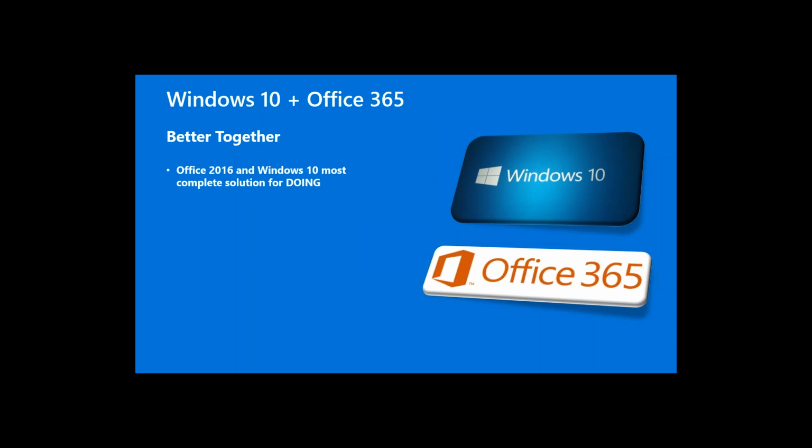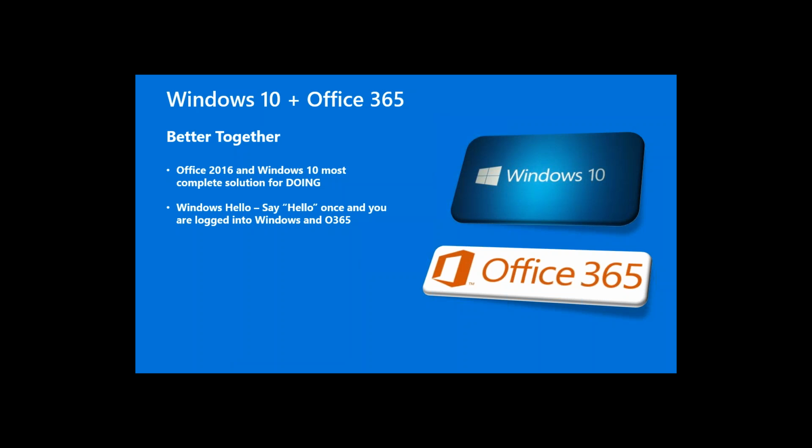Office 2016 and Windows 10 is by far the most complete solution, meaning the most productive pairing you can have with Office 365 in terms of services, with Windows 10 bringing the latest into the operating system and, through Office 365, the latest version of Office, which provides an amazing number of features that will make you and your employees or users more productive.